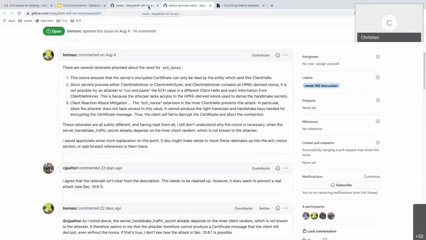Then I think you have an oracle. If the client is doing ECH, it will react to the 8 bytes and try to use the ECH secret, and the connection will fail. And thus the server can see that because the connection doesn't progress, the client and the server were doing ECH.